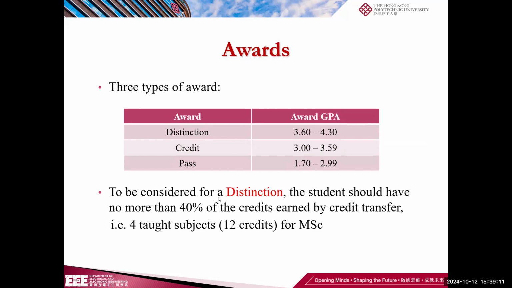If you want to be considered for the distinction, you should have no more than 40% of credits earned by credit transfer. For example, that means four top subjects for the MSc program.